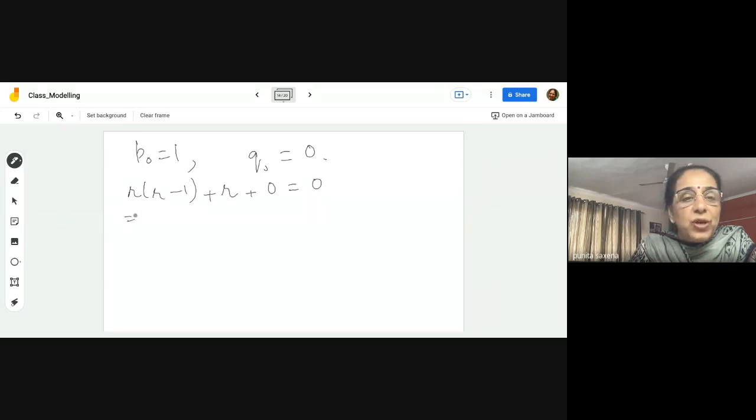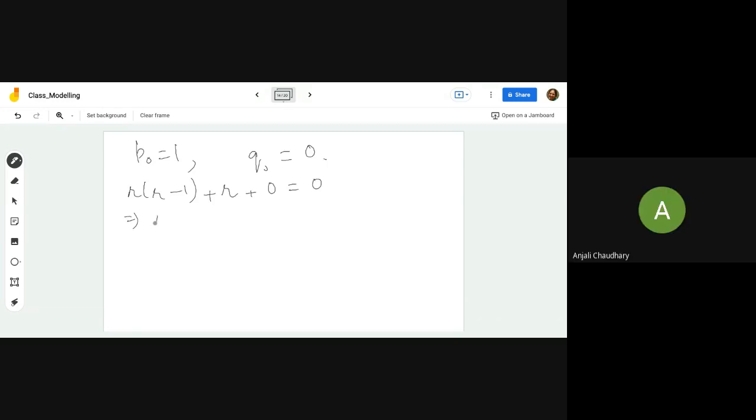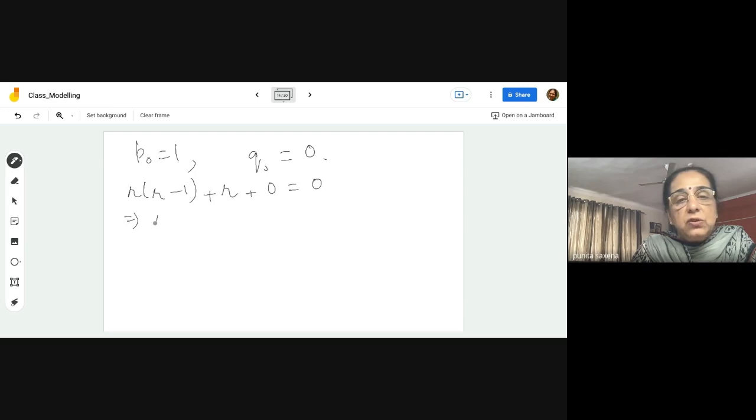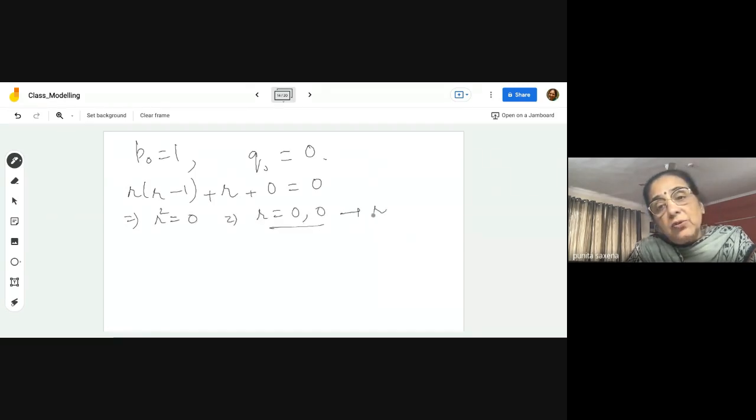So what do you get from here? r square is equal to 0. That means r is 0 and 0. Now, mind you, it has repeated roots: r1 is also 0 and r2 is also 0. So we are sure of only one Frobenius series solution for this particular differential equation.